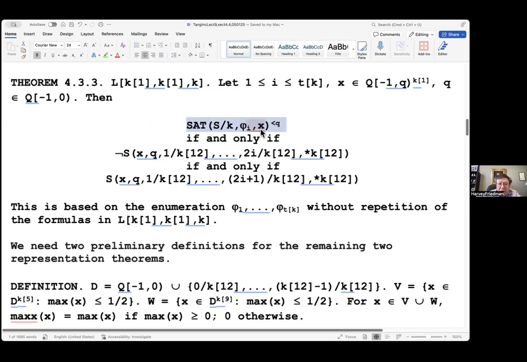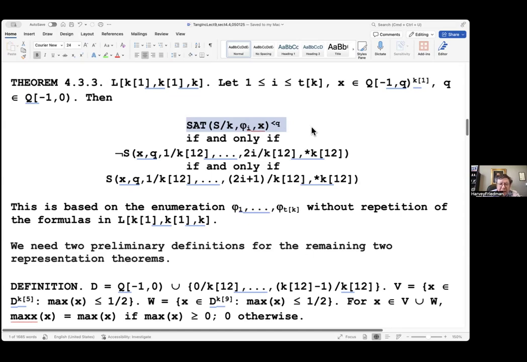In other words, what are the assignments X such that SK, phi I, and X hold, with the quantifiers ranging over less than Q? That's what that SAT means.